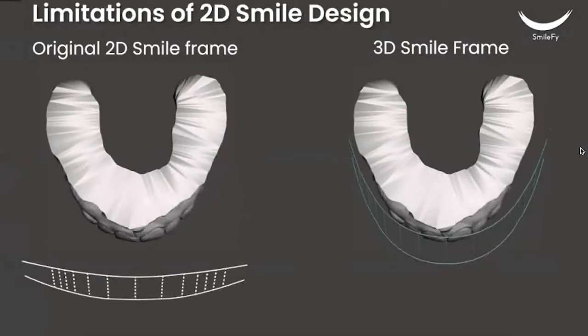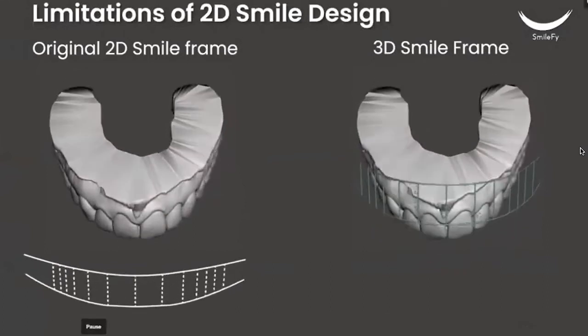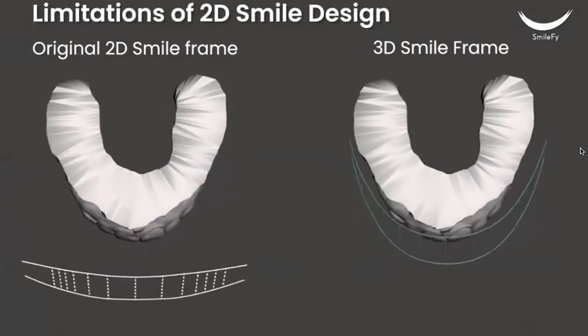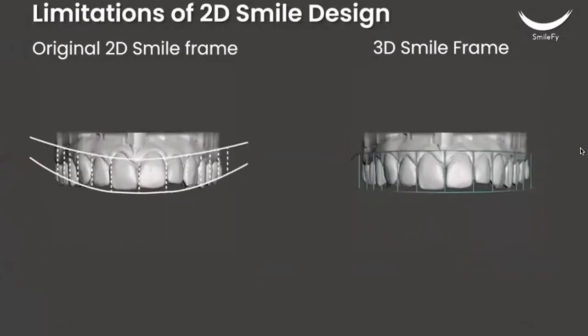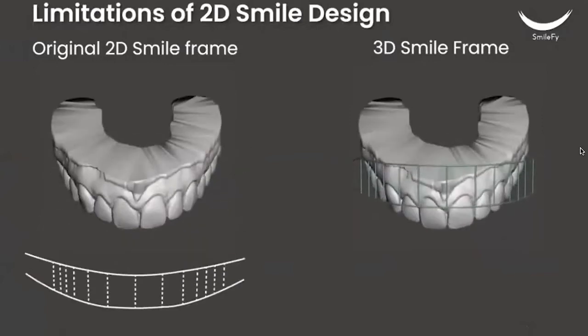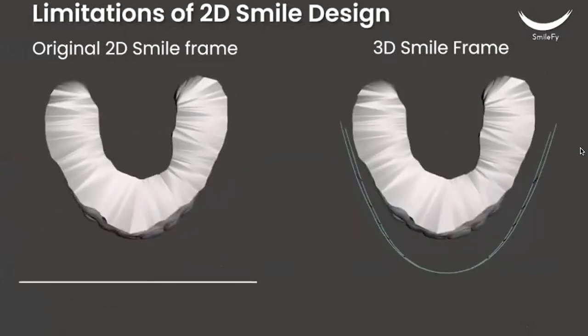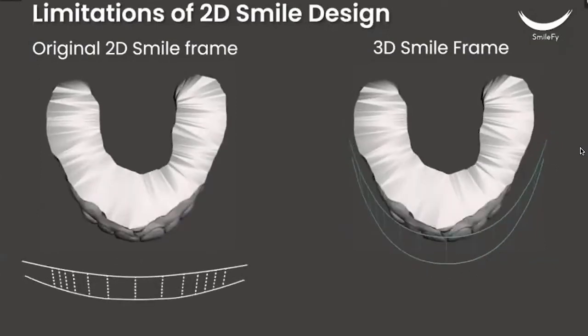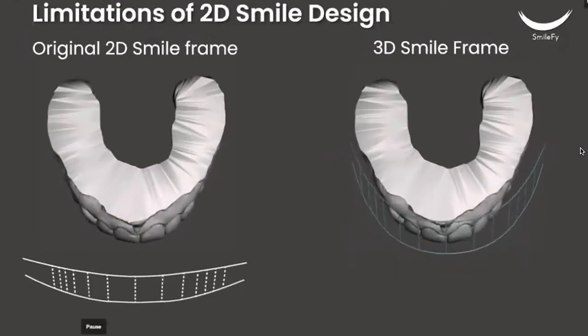What are the limitations of a 2D SMILE design? The limitations are that a 2D SMILE frame, which is what you see in front of this intraoral scanner, was created in a 2D format, which means that once you have this SMILE frame, instead of having the entire proportions of the patient's teeth, you will only see the proportions from a frontal view.